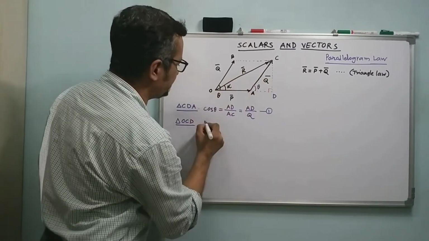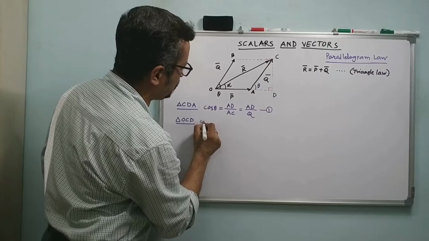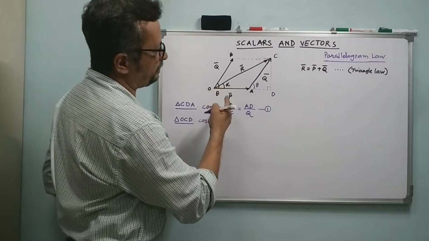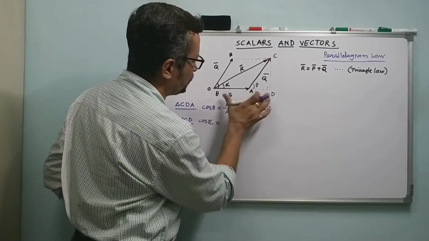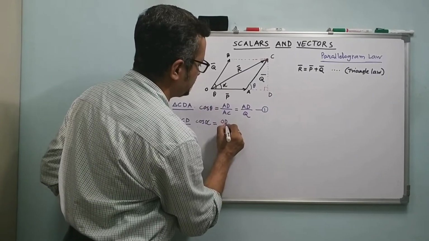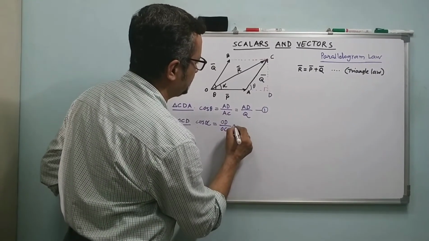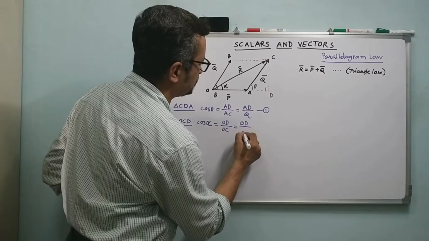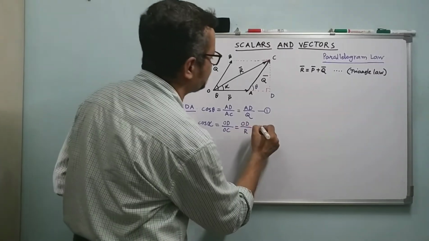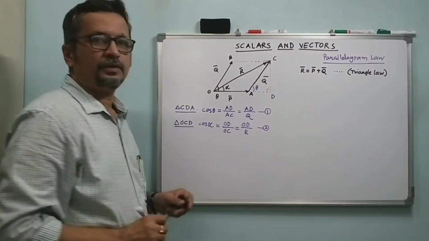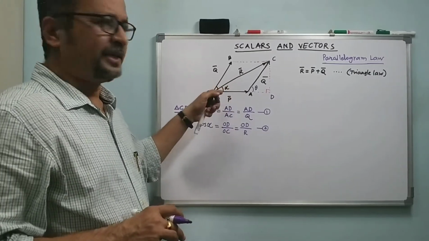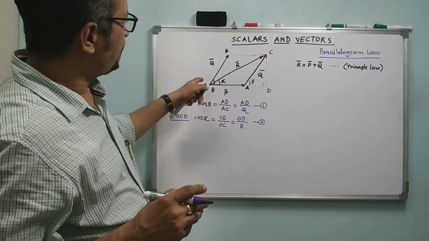In triangle OCD, my cos alpha is going to be equal to adjacent upon hypotenuse. So it is OD upon OC, that is OD upon R here. But then that doesn't give me the magnitude of R, right? So for that I need to do something. What do I do here?